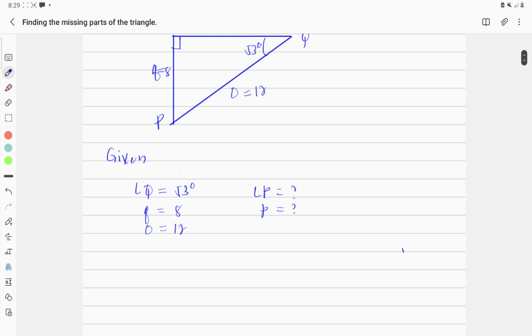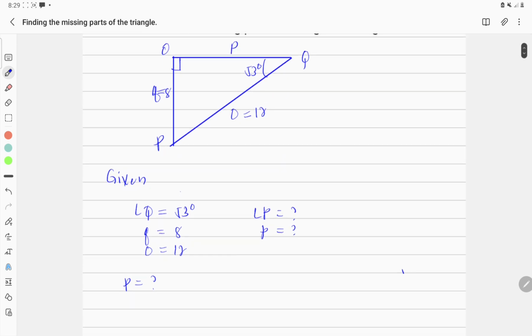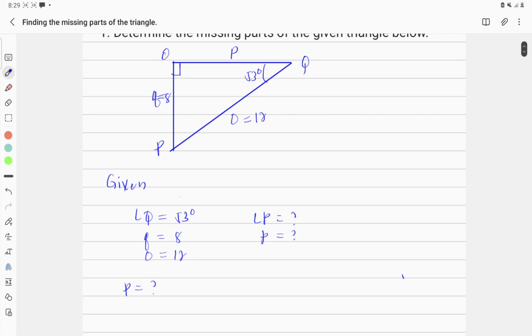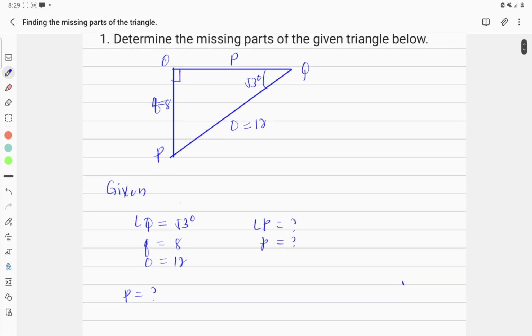Solving for P, we have angle Q, which is 53 degrees, and take note that P is the adjacent side of angle Q. That is why we will be using the cosine function.